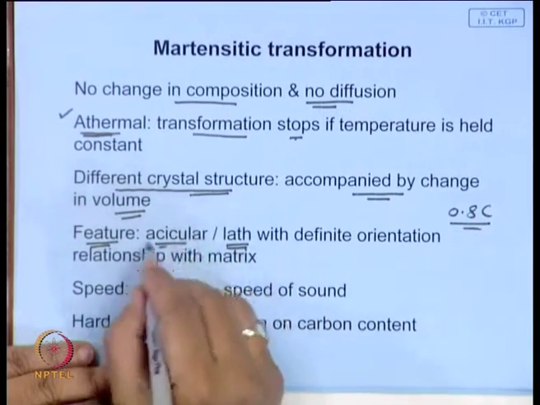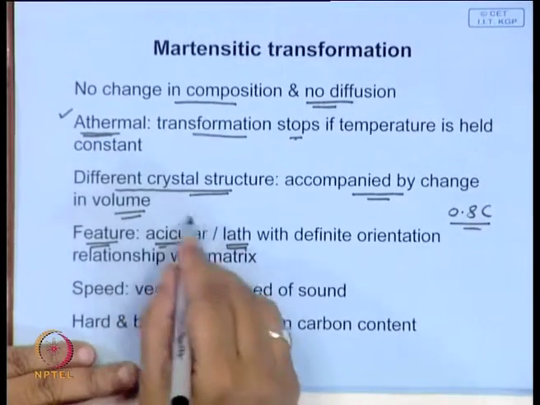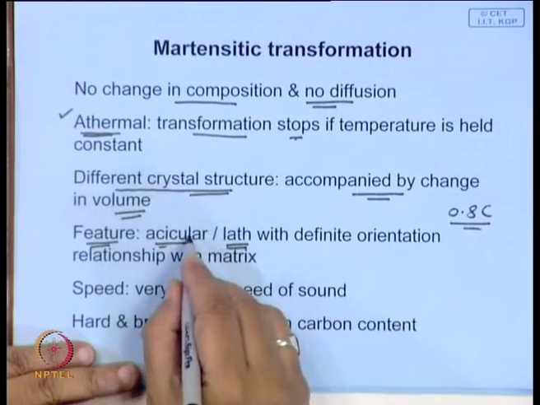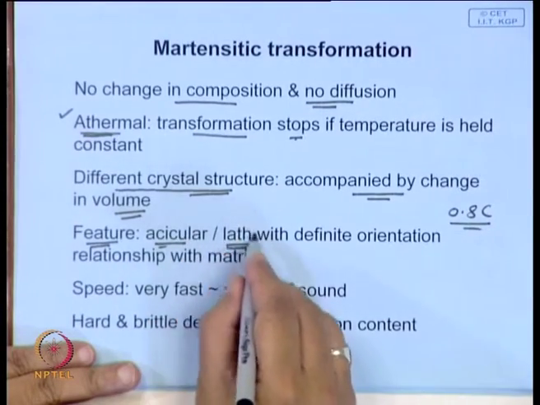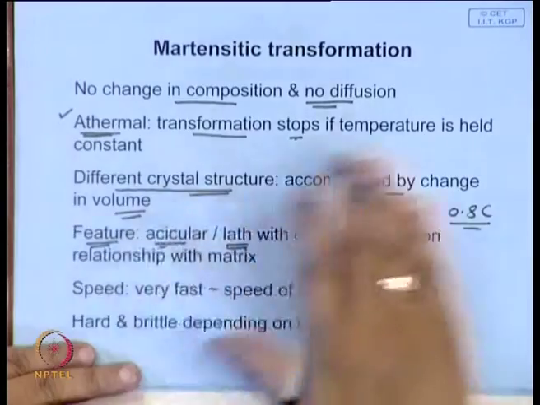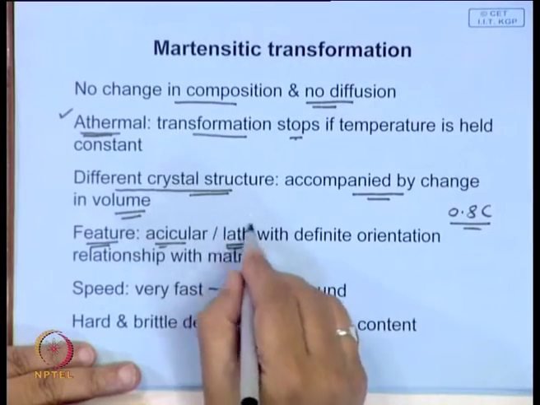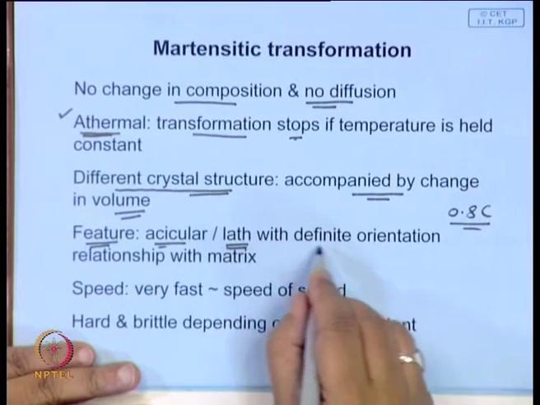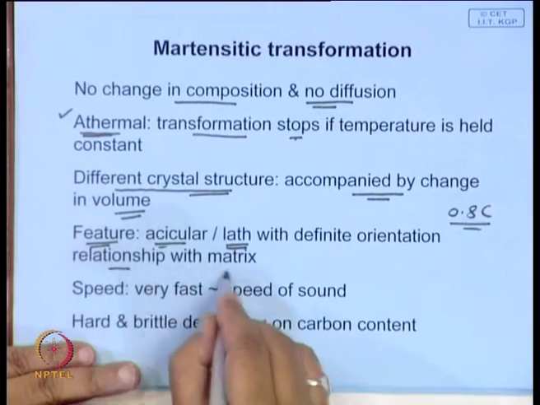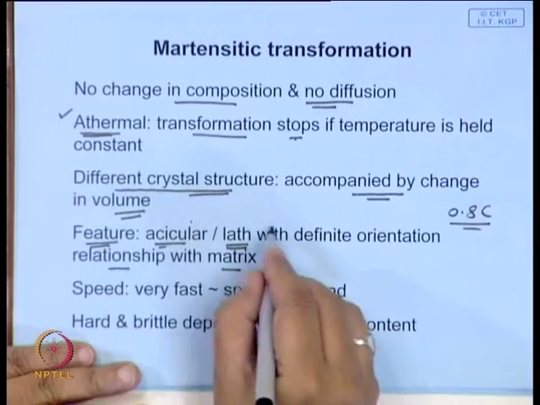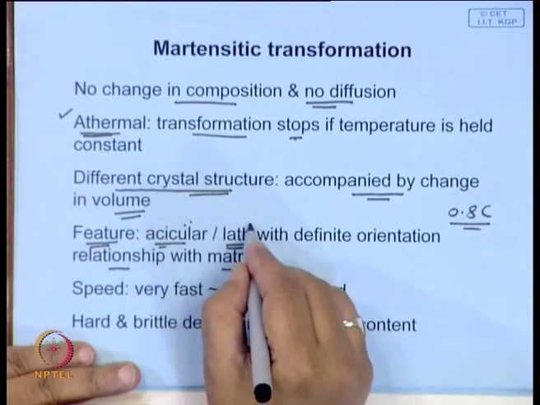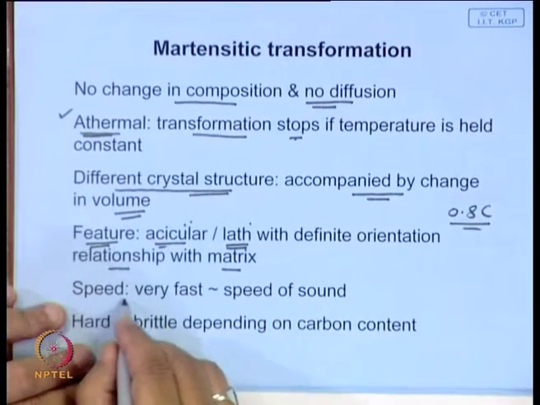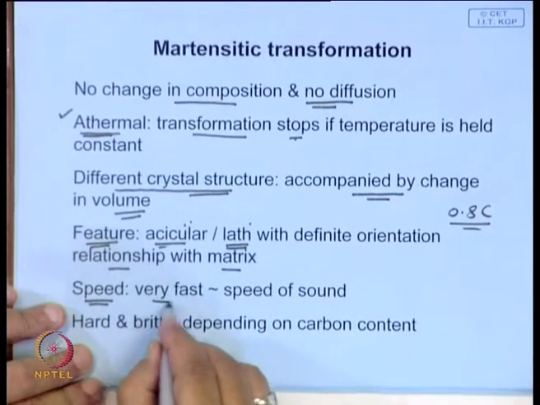Acicular is needle-like, and lath is like a thin plate, or a thin strip, with a definite orientation relationship with the matrix, and acicular and lath have different orientation relationships. Then comes the speed, which is very fast.